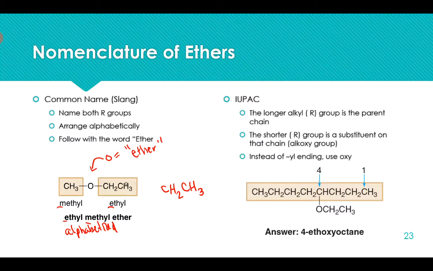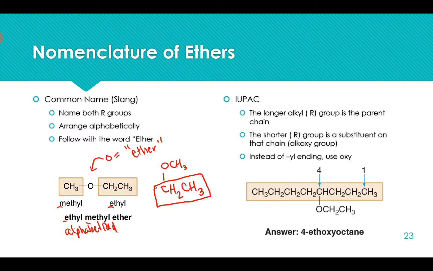So our longest chain here was 2 carbons long. And then we view this shorter chain as a substituent on the bigger chain. So now we turn that molecule sideways. This is our parent chain, and that's a substituent on the parent chain.